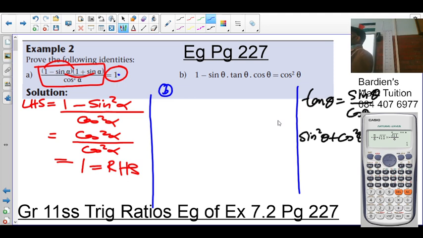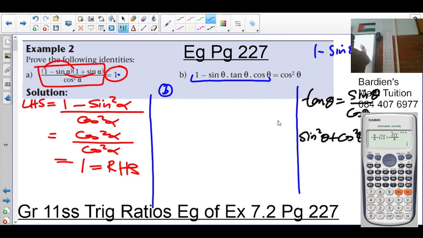There are people that work from the right and go back into the left hand side, but it's a more difficult procedure to work backwards. Right, so which side do you think we're going to work with in B? Left hand side or right hand side? Left hand side.